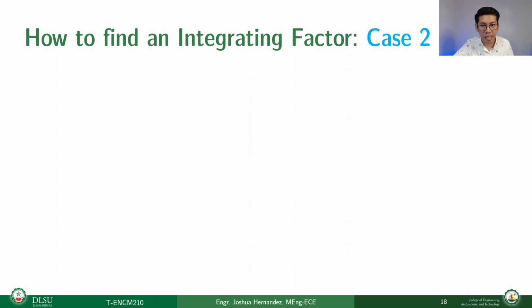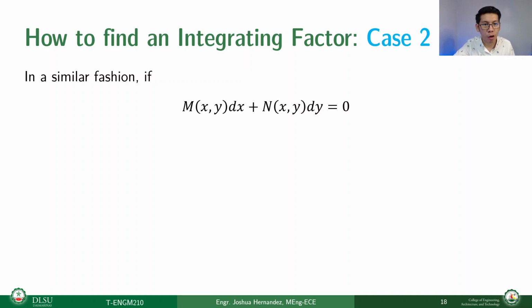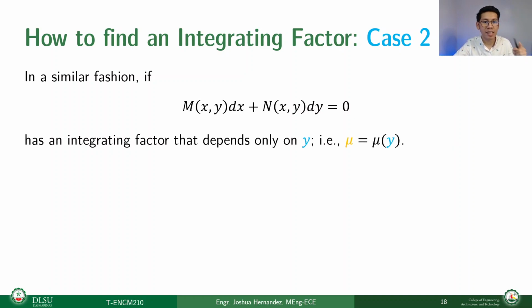Now, similarly, we have case 2, no? If the differential form M(x,y) dx plus N(x,y) dy is equal to 0 has an integrating factor that depends naman on y. In other words, the integrating factor mu is equal to mu of y.